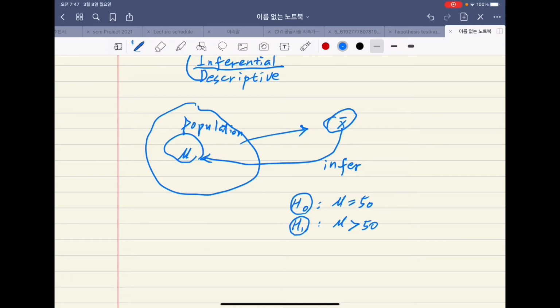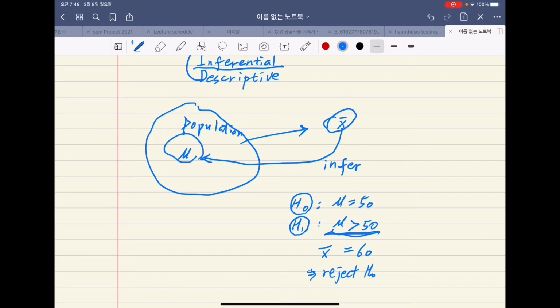In order to test this one, you take a sample and compute x bar, the sample mean. If the sample mean turns out to be greater, let's say about 60, in that case, you can conclude that you reject the null hypothesis, because x bar is 60, so it is very likely that the alternative is supported.